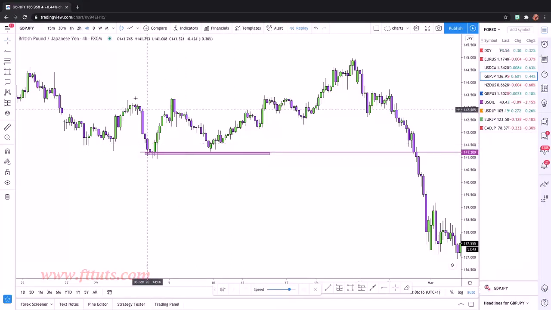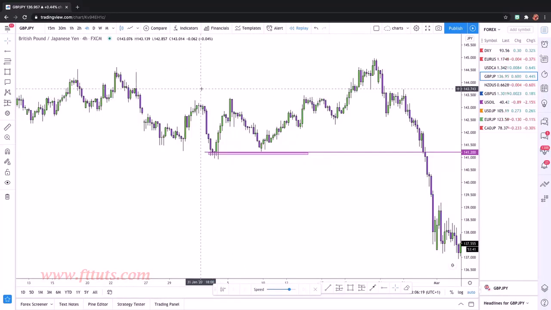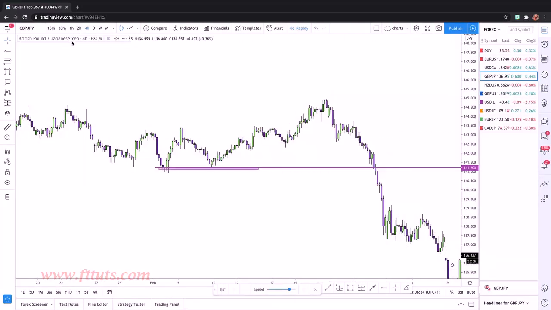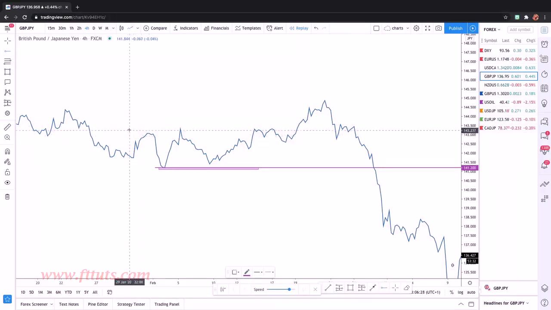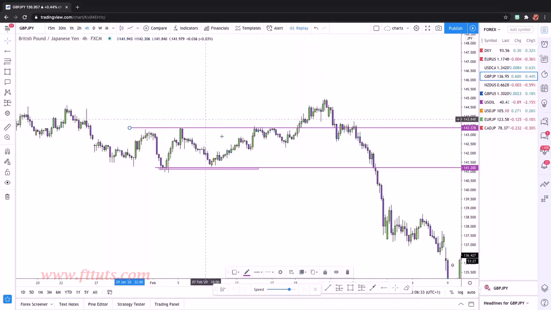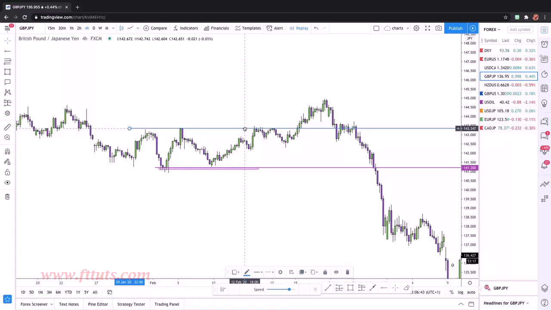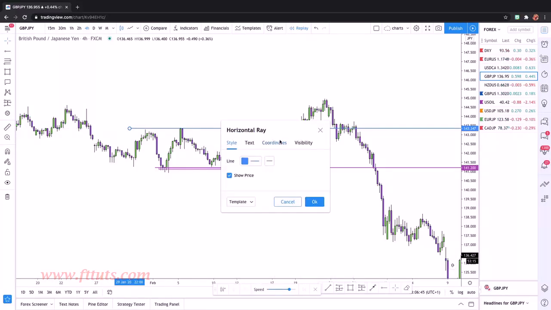Okay, so support here. Rounding it to 350 from 347.